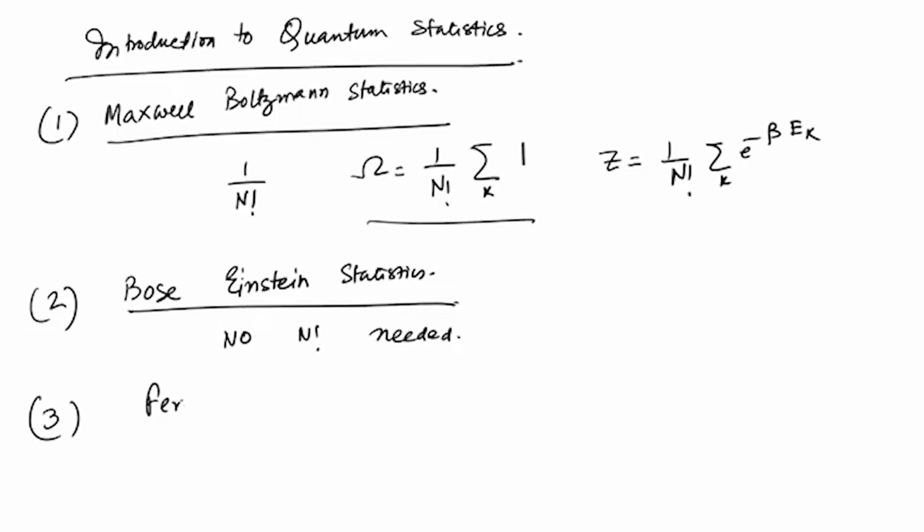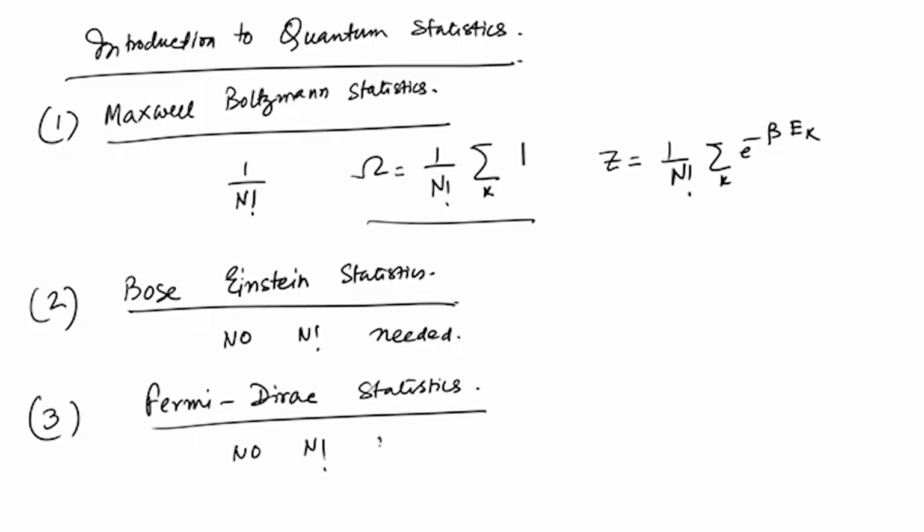Now, in Bose-Einstein, any number of particles can occupy any energy level, there is no need to have this thing. And similarly, in the Fermi-Dirac statistics as well, again, no n factorial needed.